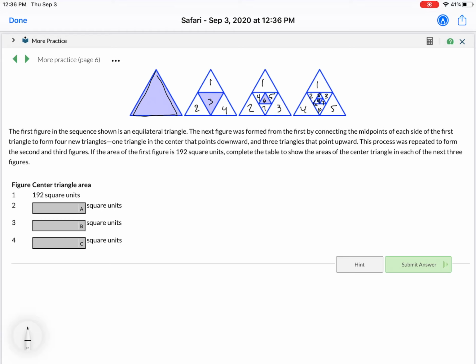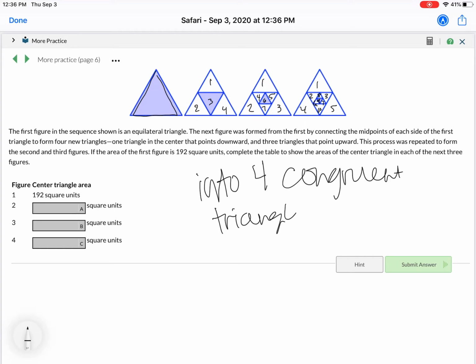Okay, so it is breaking it down into, I'm giving you a hint here, here's your hint, into 4 congruent triangles each time. Okay? So I'll go ahead and show you the first one.